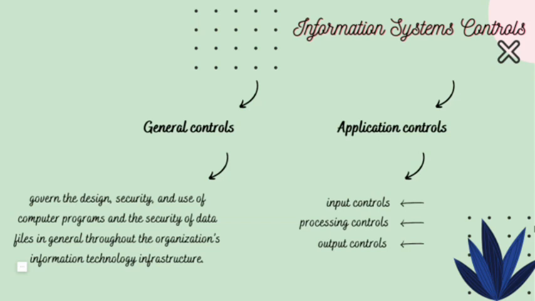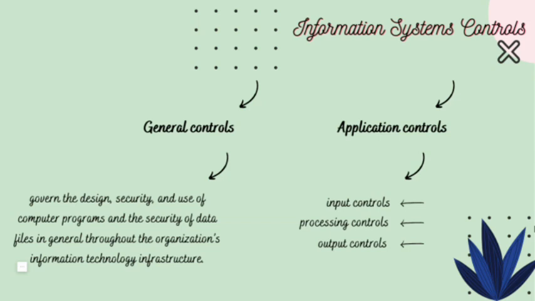General controls govern the design, security, and use of computer programs and the security of data files in general throughout the organization's information technology infrastructure. On the whole, general controls apply to all computerized applications and consist of a combination of hardware, software, and manual procedures that create an overall control environment.